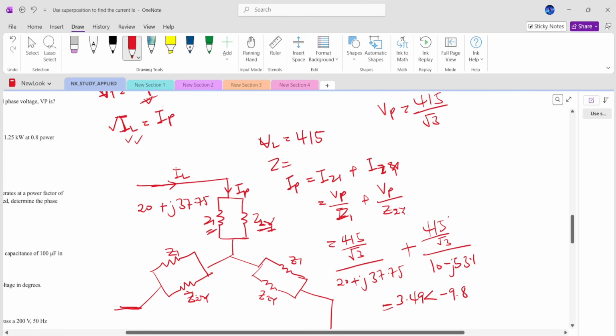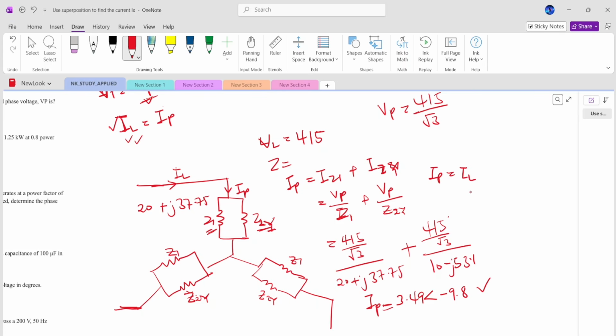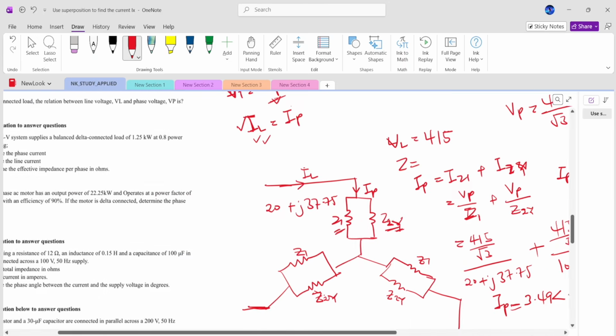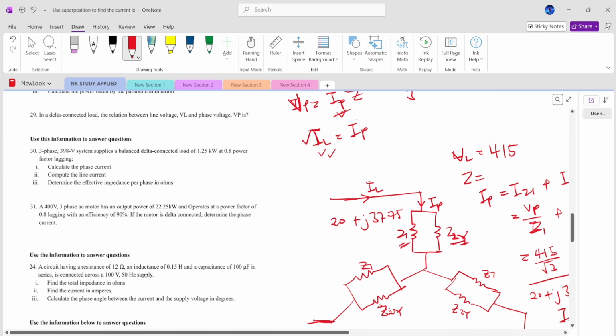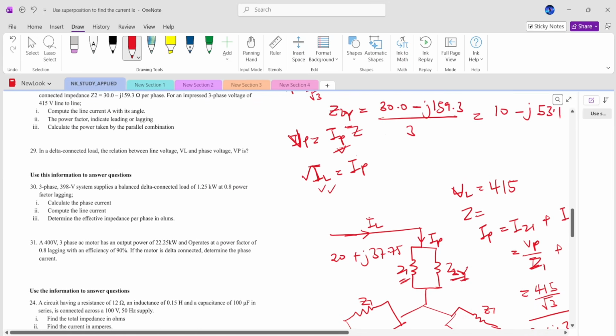Okay, so that's the current they were asking for. We found IP, but for a star connected system, IP is equal to IL. So IL is 3.49 angle minus 9.8. Good. You see how simple it is, right?